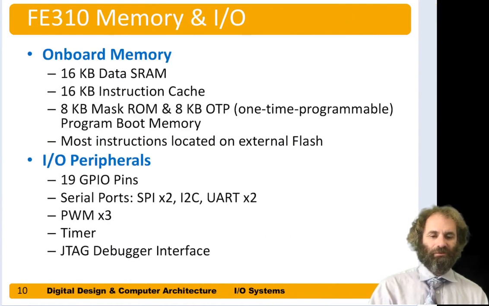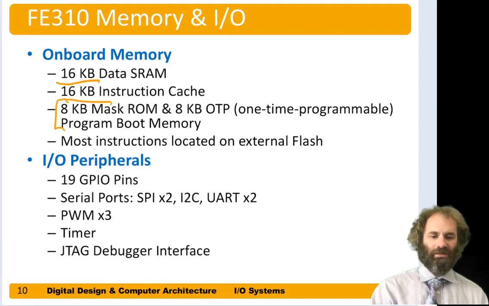The Freedom E310 has a variety of onboard memory. It has a 16 kilobyte static RAM for data, for holding your most common variables. In fact, all your variables, that's all the RAM that's built in. It also has a 16 kilobyte instruction cache for holding the most recently used instructions.